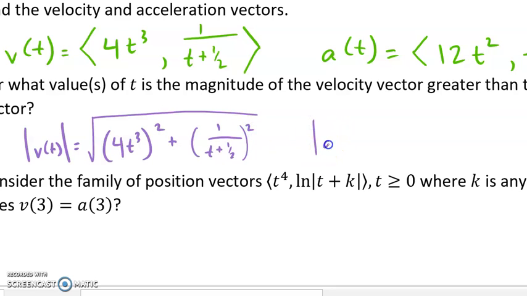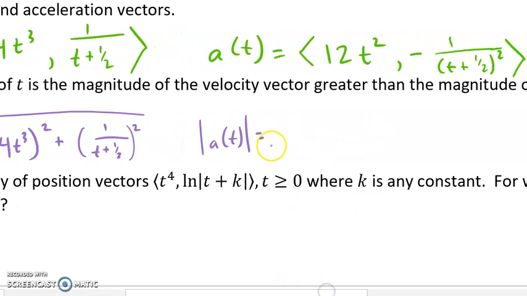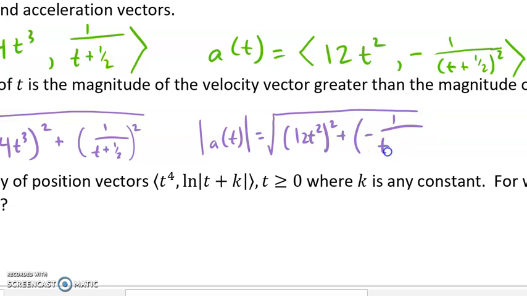The magnitude of the acceleration, which as far as I know doesn't have a name, is the square root of (12t squared) squared plus (negative 1 over t plus 1/2 squared) squared. And the question is, when is the velocity vector greater in magnitude than the acceleration vector?